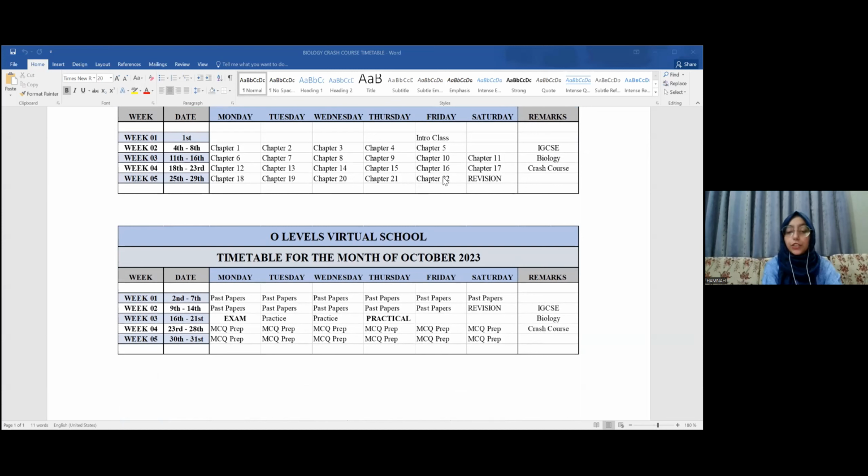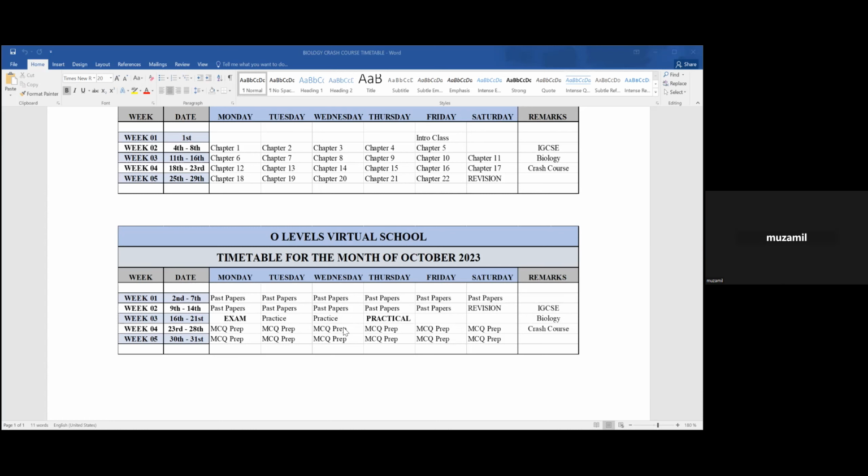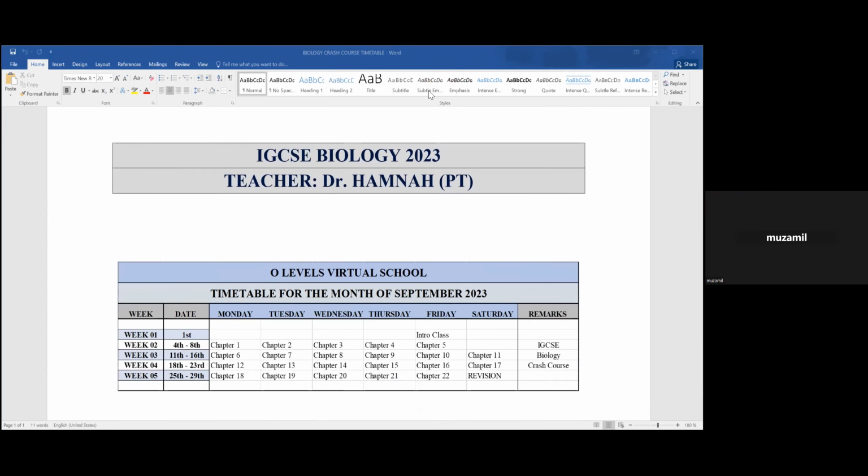We'll go through one chapter a day, and hopefully we'll end by this month. From the next month, we have 2 weeks where we can crash the past papers. We'll be going through exam questions by each chapter, like topical questions. But we will solve exam papers in these 2 weeks, and then we'll do your practicals, and then we'll have your MCQ prep as well. Okay.